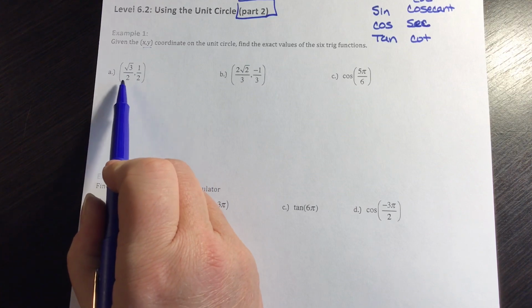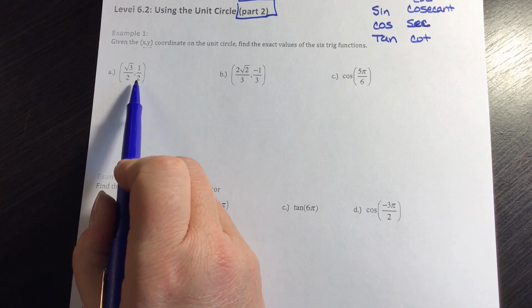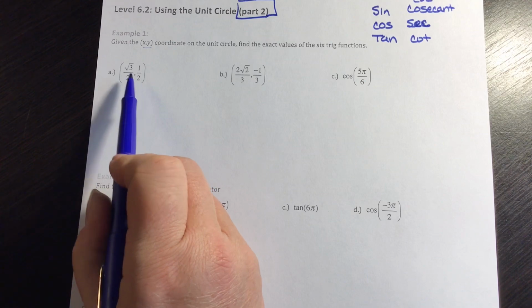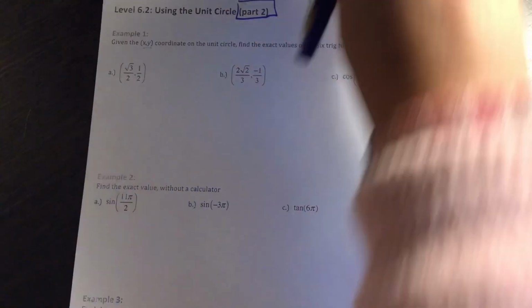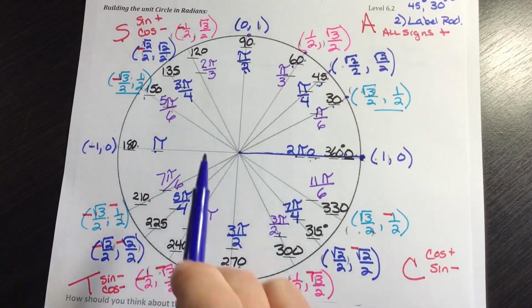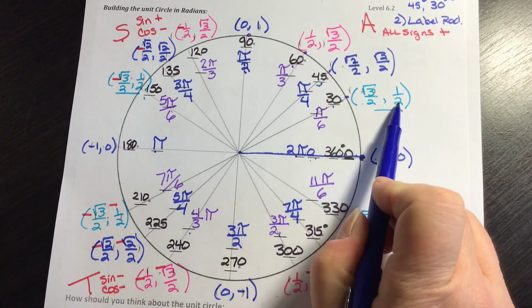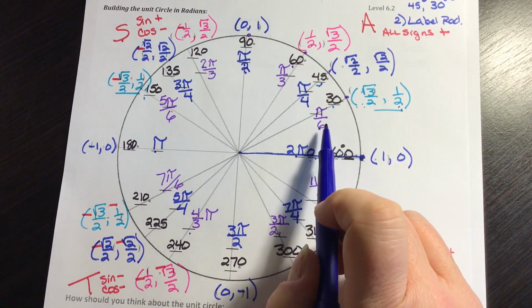So this is either a 30-degree angle or a 60-degree angle because I don't have the square root of 2 over 2 for both of these like a 45-degree angle is. So I'm looking for square root of 3 over 2 and 1/2. If I bring in that unit circle, the square root of 3 over 2 and 1/2 is a 30-degree angle, or pi over 6.